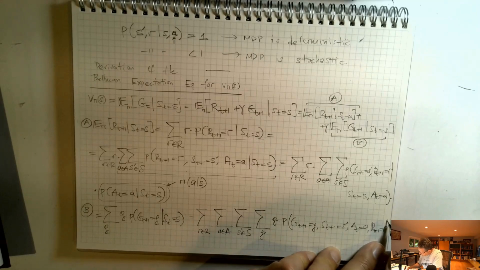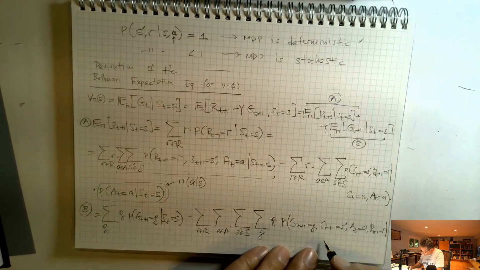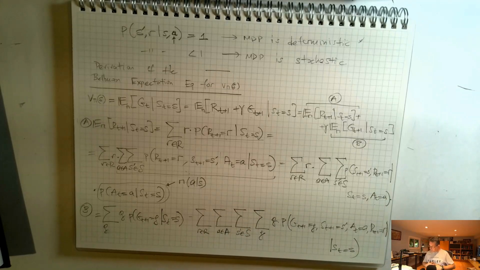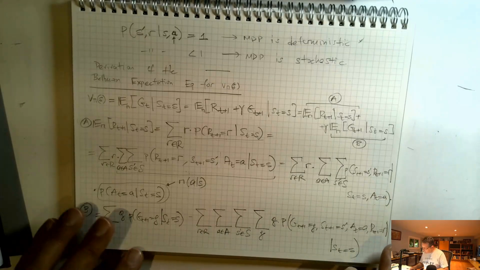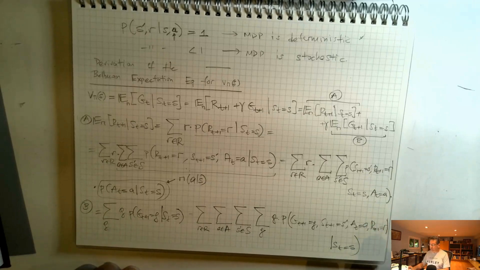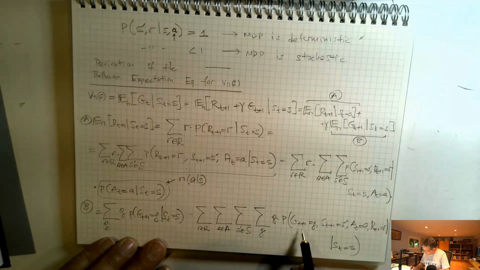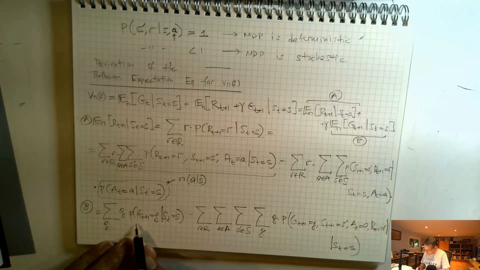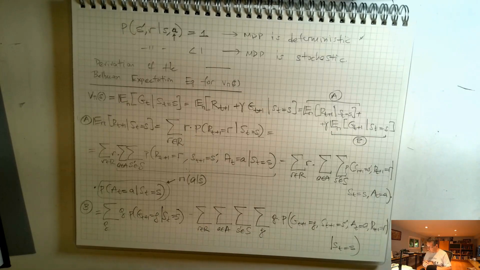So I forgot, I now can do the given S_t is equal to s and close the parenthesis. And now I hope everyone understands why we can go from here, after we marginalize all the other variables, to here in this expression over there. Okay, this is effectively the sum rule.